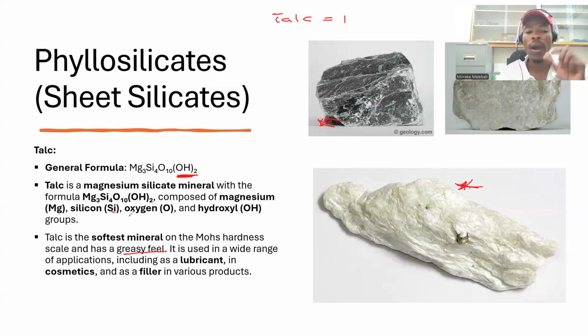It is used in a wide range of applications, including as a lubricant, in cosmetics, and as a filler, adding its properties when mixing other things. That's why these are used as industrial minerals for their industrial applications.